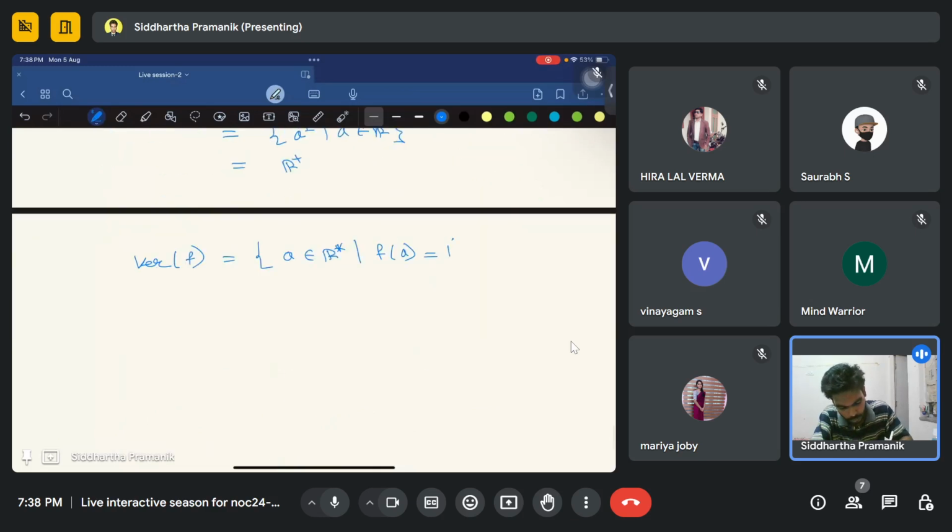So f of a should be 1. So this is equal to a belongs to R star such that a square is equal to 1. So what are the real numbers whose square is 1? So this is the set minus 1 comma 1, right? Which is two roots of unity.